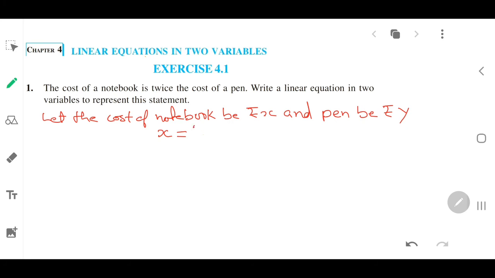So pen would be twice Y. Correct? So the pen is twice Y and that is equivalent to your notebook. And from here we can prepare the equation X minus twice Y equal 0. So this will be the answer.